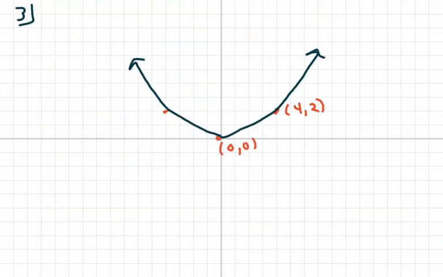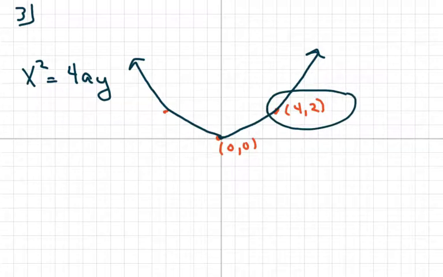Okay, the next one opens up. So that's going to be x squared equals 4ay, because it opens up and my vertex is at 0, 0. Now I'm just going to plug in my 4 and 2. So that's 4 squared equals 8y, similar to the one we had before.